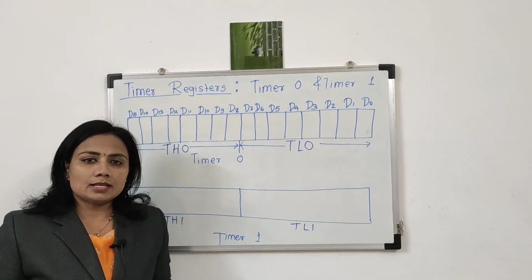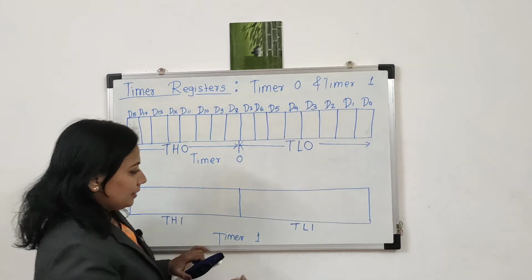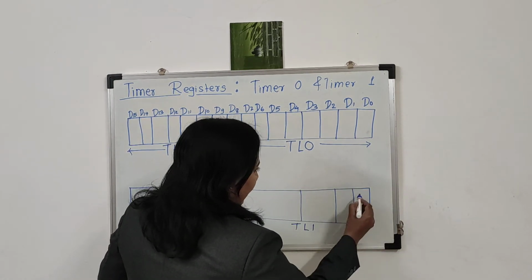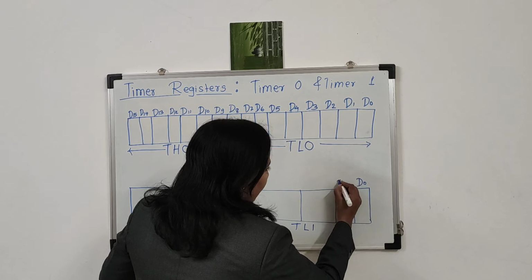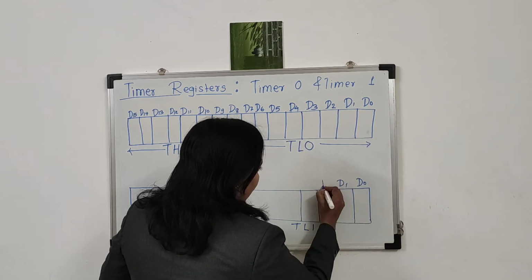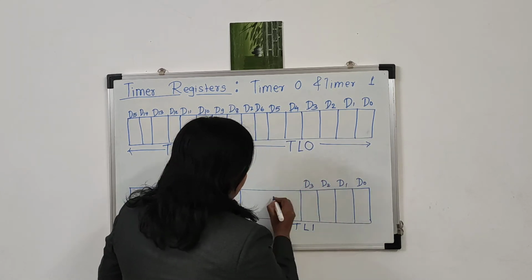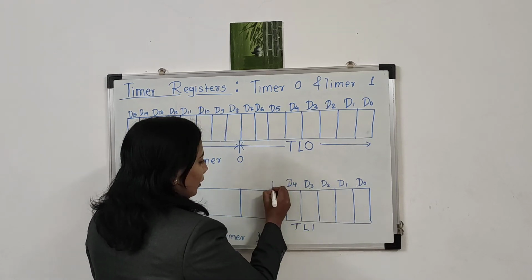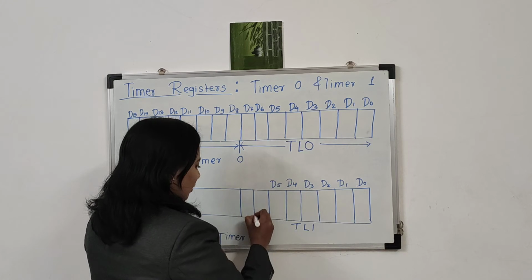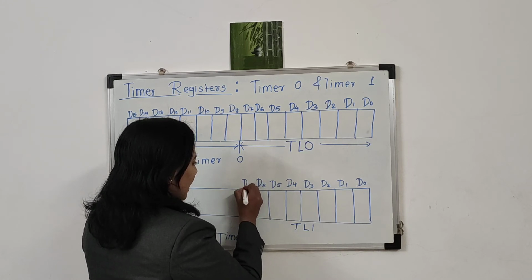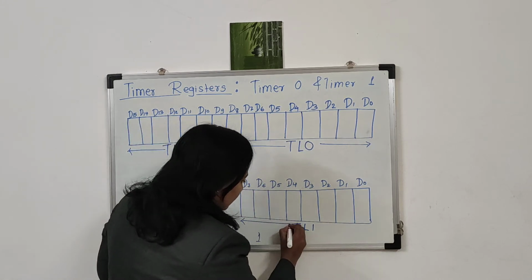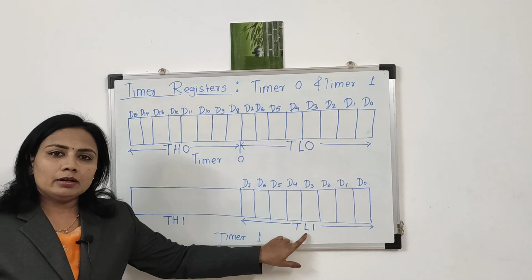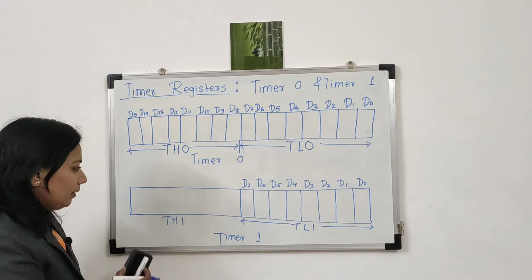Both the registers are 8-bit registers. So if you look at the bit format, this is again D0, D1, D2, D3, then you have D4, D5, then D6 and D7. These lower 8 bits are part of timer 1 low byte.